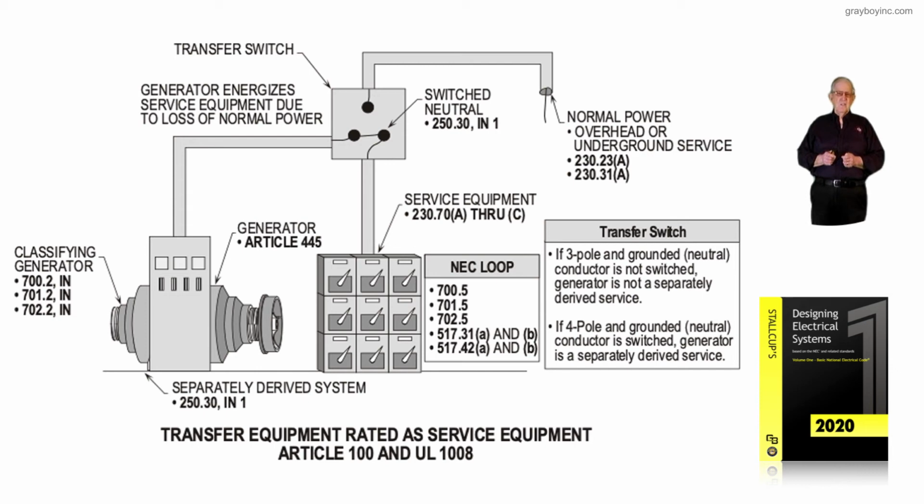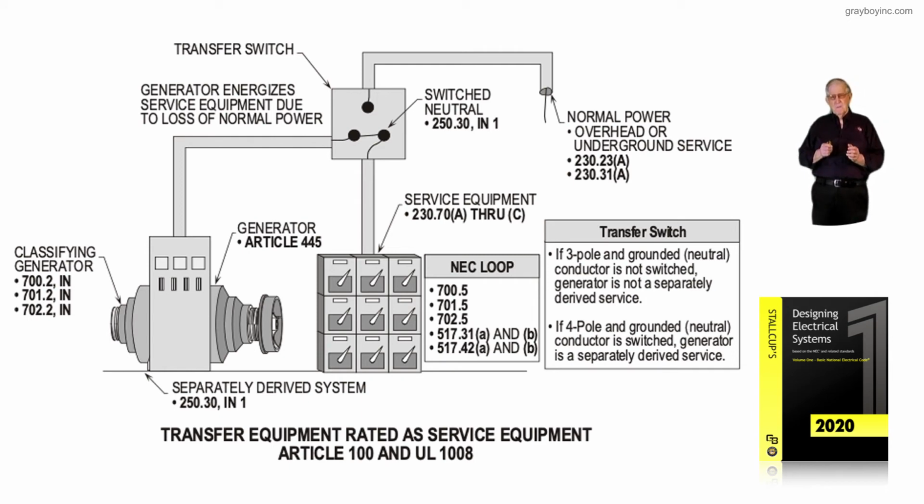Now, the NEC loop that is suggested to be reviewed here for that transfer switch is in the NEC loop, boxed information, 700.5, if it's an emergency transfer switch. Is it service equipment? Is it permitted to be service equipment, or it's not? 701.5 for legally required, 702.5 for optional standby type generator.